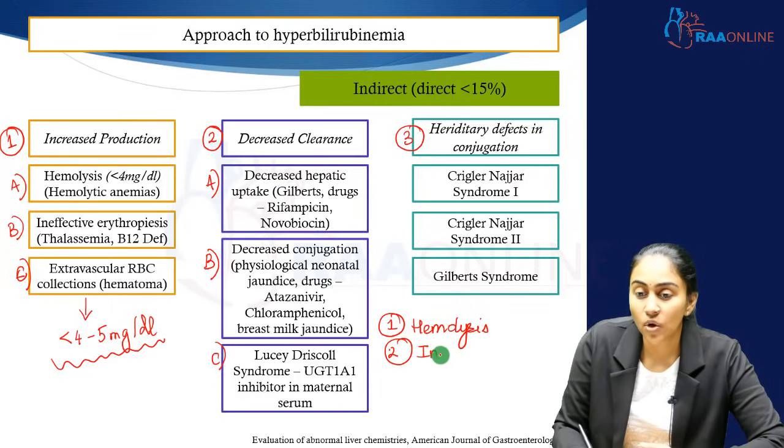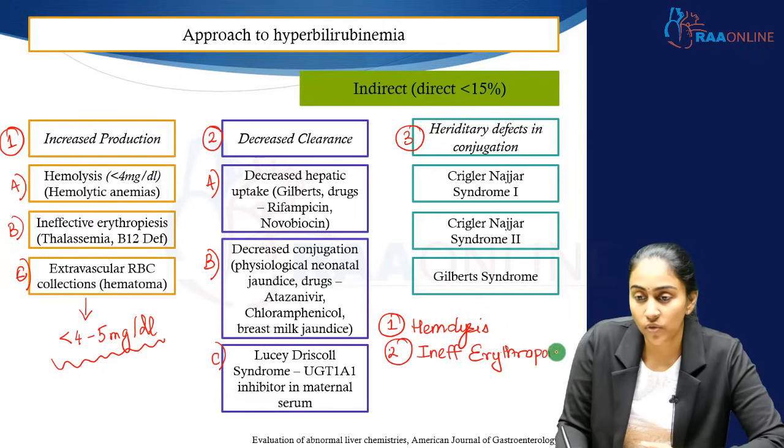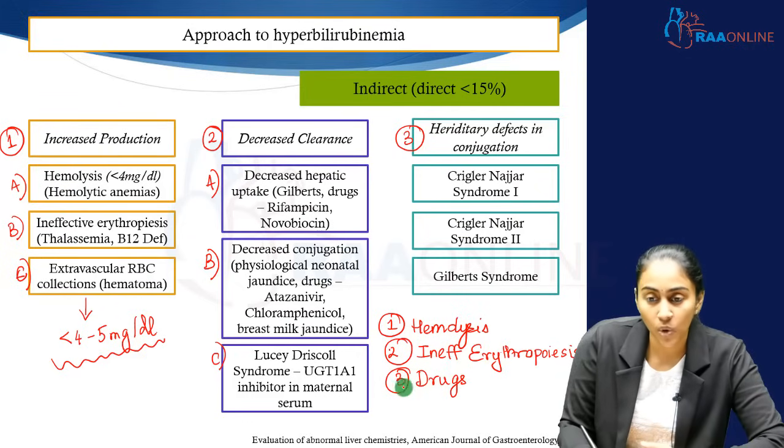Two, any causes of ineffective erythropoiesis, which is seen in conditions like thalassemia or other hemoglobinopathies. And three, very importantly, you will look at drugs like atazanavir, rifampicin, novobiocin, and chloramphenicol.